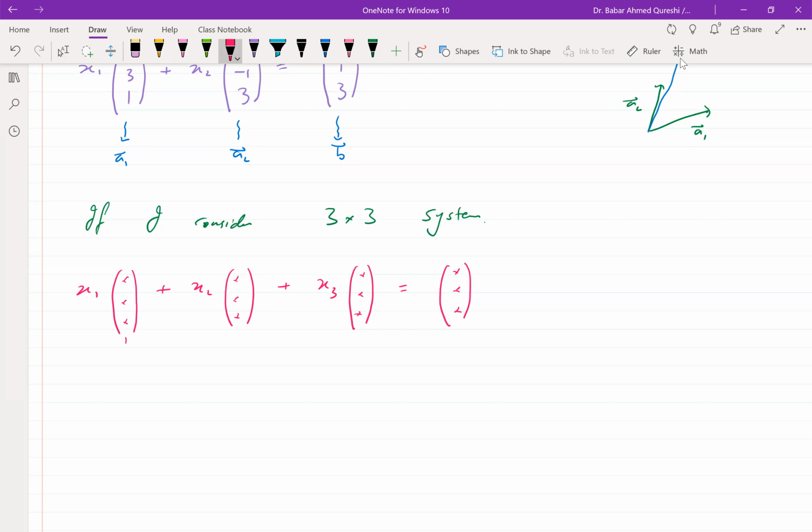Now, if all 3 column vectors of your matrix A are linearly independent, then they will form a basis of R3.